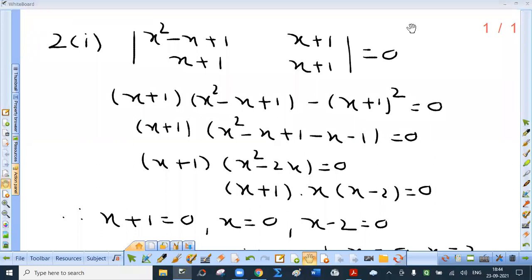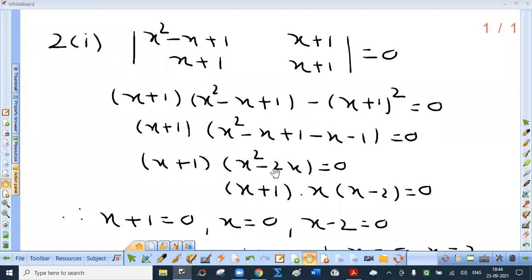Second question, find the value of x if. First one, value of this 2 by 2 determinant is given to be 0. So what is the expansion? x plus 1 into this less x plus 1 square. First, I thought of writing this as x cube minus 1 because these are the factors of x cube minus 1. But then I thought of taking x plus 1 common to get in bracket x square minus x plus 1 minus in bracket x plus 1. I have opened the bracket to get minus x minus 1.